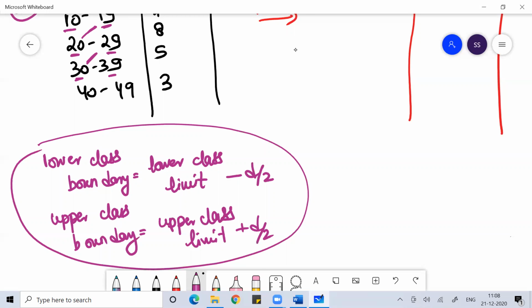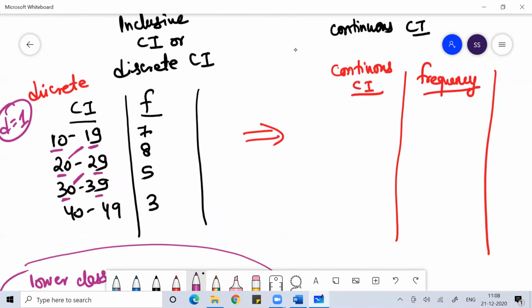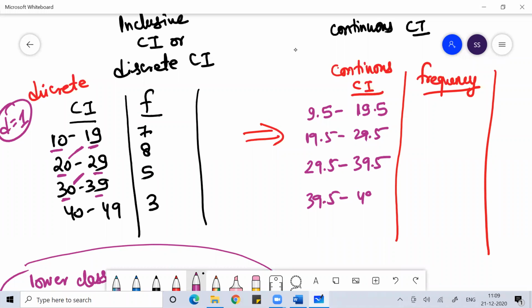When we apply this formula, we subtract 0.5 from the lower limit and add 0.5 to the upper limit, so your class interval will be 9.5 to 19.5, then 19.5 to 29.5, then 29.5 to 39.5, then 39.5 to 49.5.